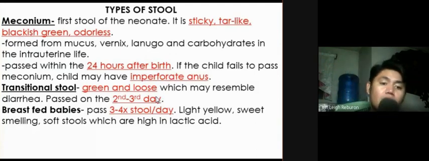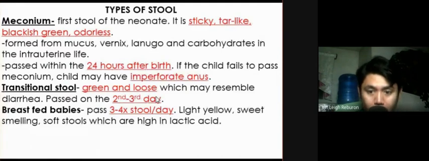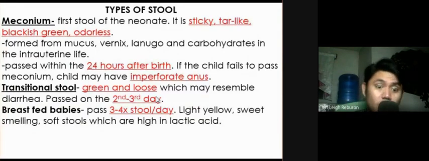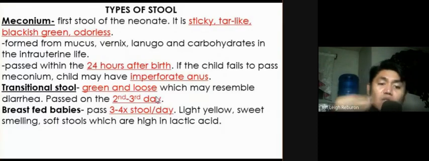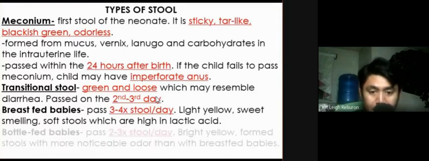The color of their stool is light yellow. It is also sweet smelling. Hindi offensive yung odor. Okay? And it is also soft, which are high in lactic acid. Okay? So 3 to 4 times a day.